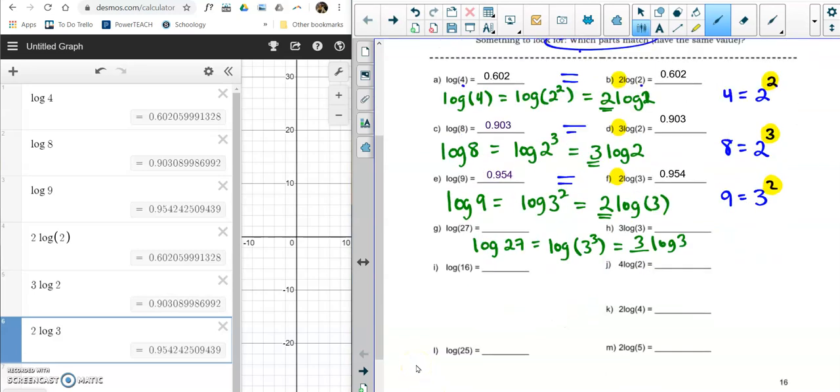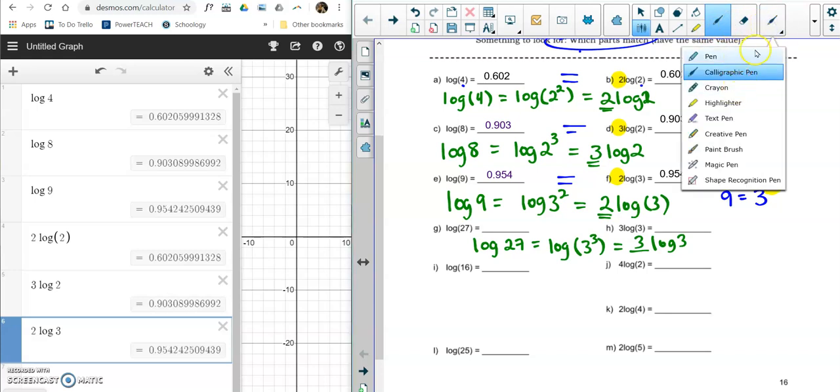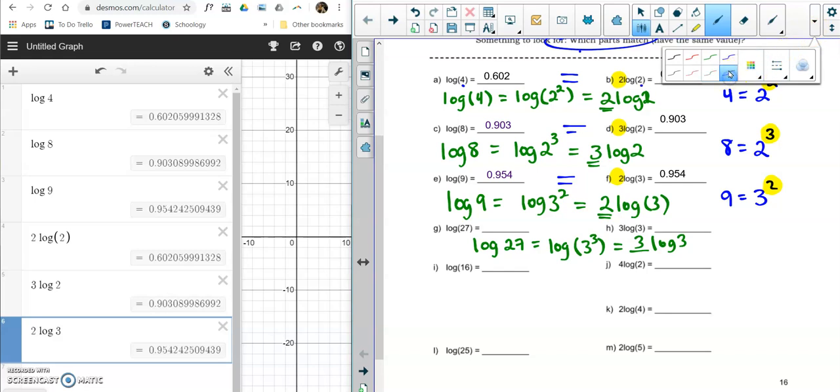Fun fact about this next one, let's take a look at this. This is Miss Schwartz's favorite number. The log of 16, why does it have 2 options here? Why is there a J and a K?